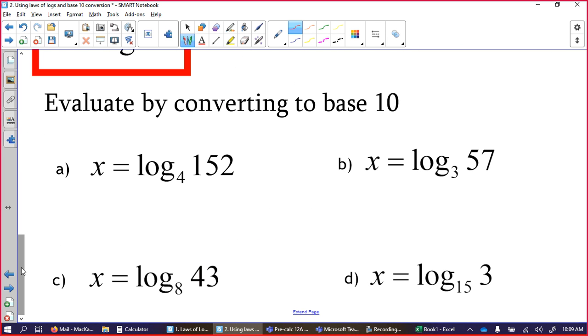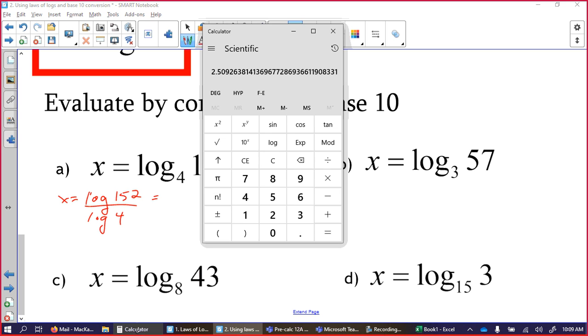So convert to base 10. So this is kind of it. X equals. So this is as simple. And then we throw it in a calculator.